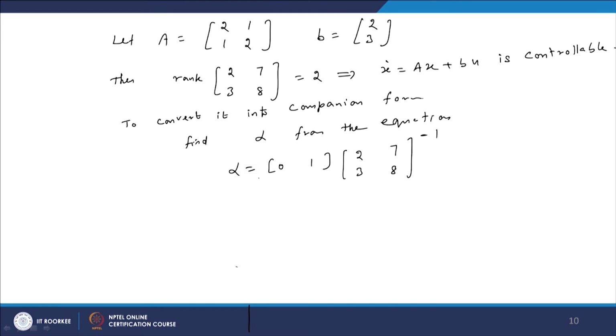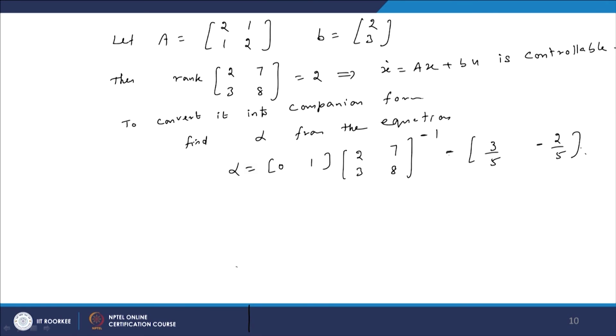So, once we get the value of alpha, we can see that alpha value is given by 3 by 5 and minus 2 by 5.